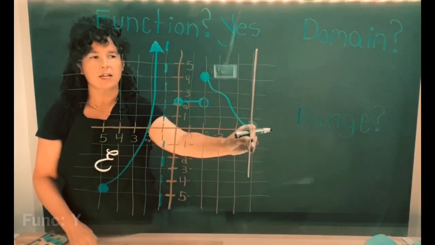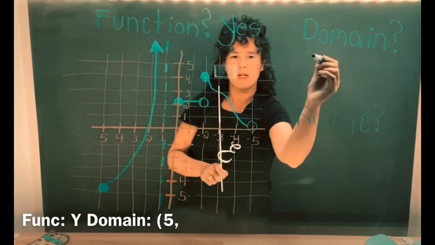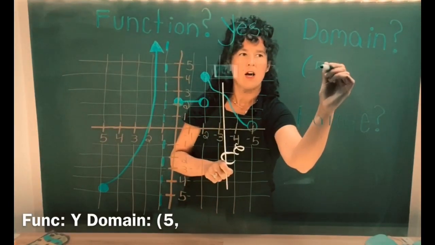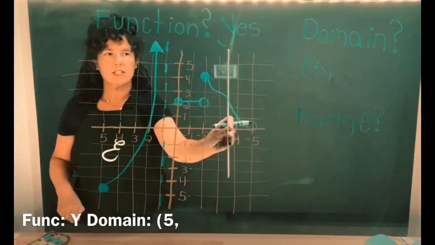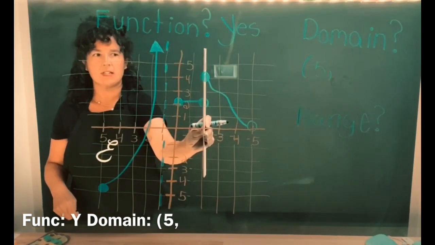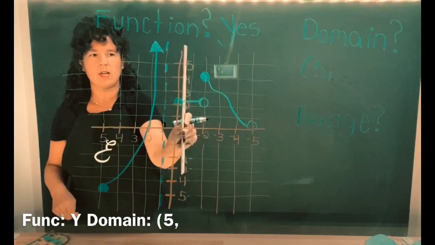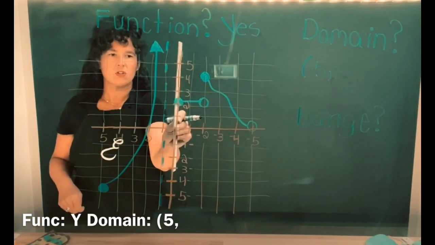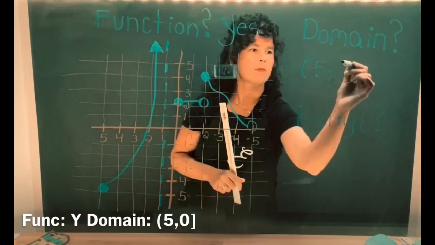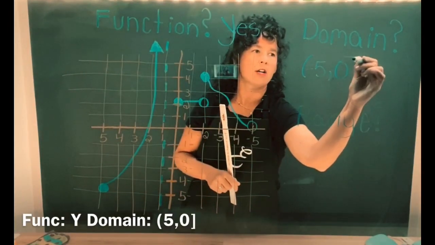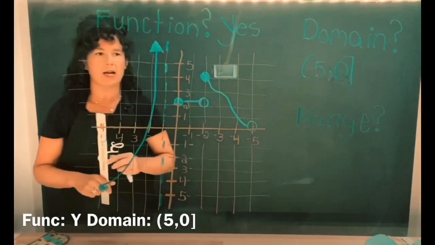So far it is going to be not including -5. We remained in contact, even though it looked kind of crazy. We remained in contact all the way until here. And so that's at, coming off the x-axis, at 0. And at 0, we are in contact, so I'm going to put a bracket.